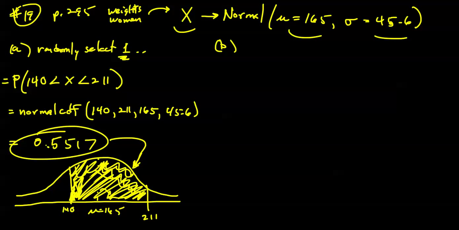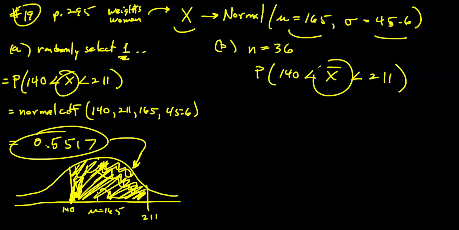Now part B. If 36 women are randomly selected, find the probability that their mean weight is between the same limits. So essentially I write the same limits, but instead of X I write an X bar here because I'm talking about a sample mean being between these two limits. Central limit theorem says sample means are always a normal distribution.